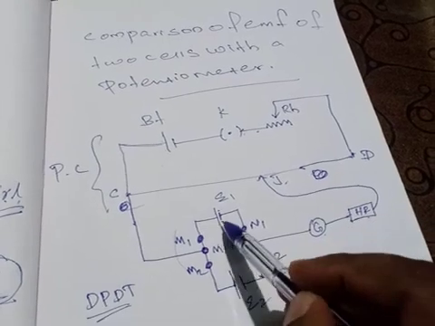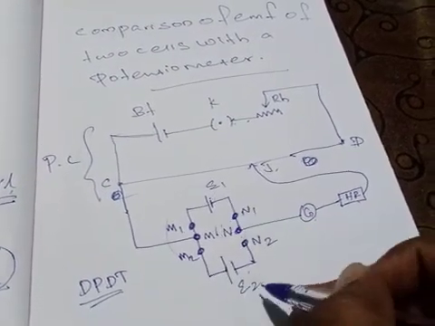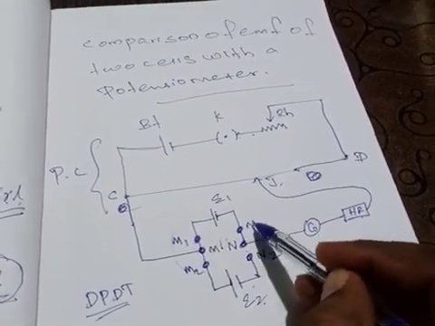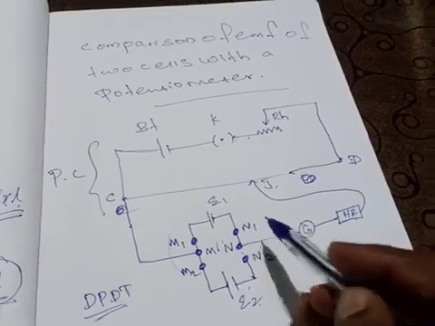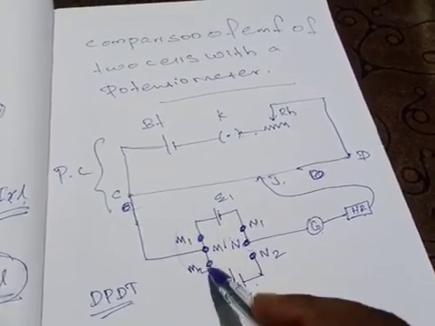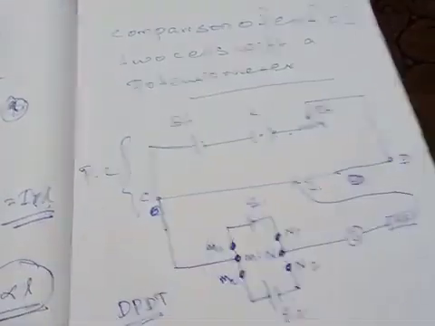Now you see two cells with EMF 1 and EMF 2, which are connected to M1, N1 and M2, N2. So this is how it is constructed.